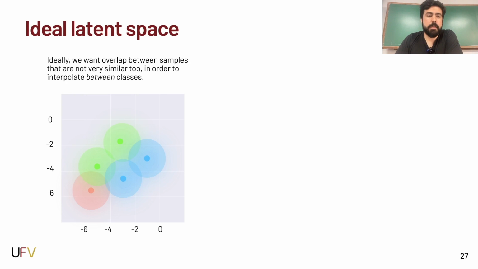All right. So what we wanted, ideally, is a space that looks like this somehow. Each color here represents, let's say, a digit, right? And we want to cover the latent space with regions that have overlaps among them, so it doesn't have any holes in it.